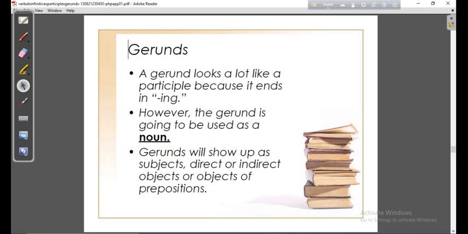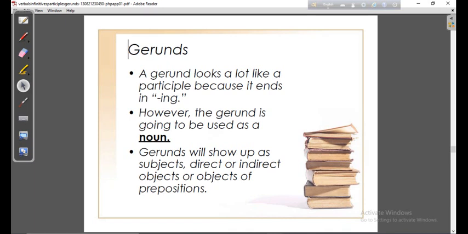But in gerund, the verb will take ing, but it will no longer work as an adjective or a verb. Rather, here it will be used as a noun. So you can say verb plus ing working as a noun is a gerund.